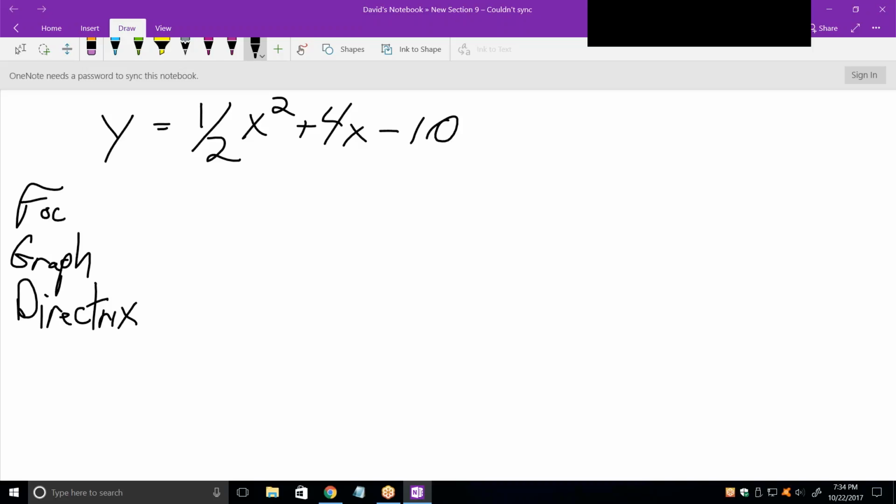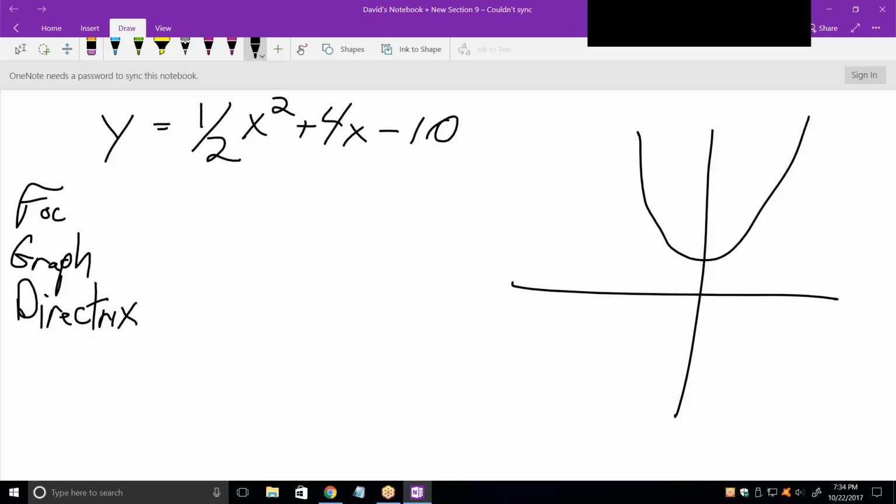Well, the focus is the center point of the parabola, correct? Well, not really. Or is it just above the center? You could describe it that way, but it has a very specific mathematical definition. The focus is always inside the parabola, and let's say we have a directrix right there.